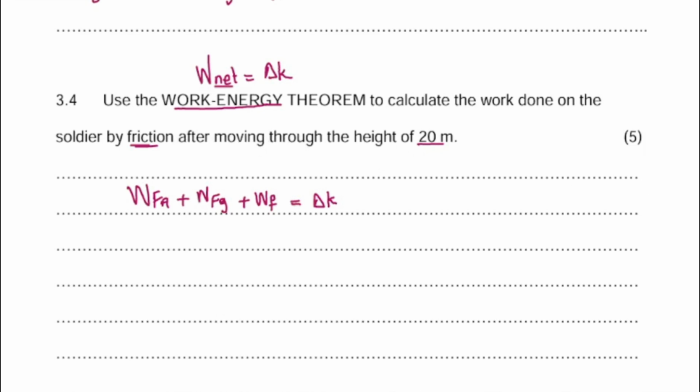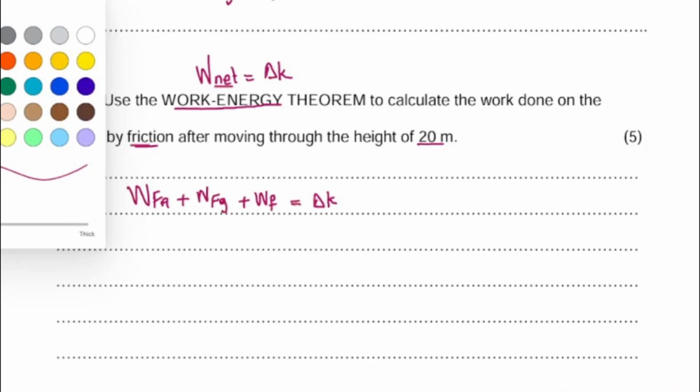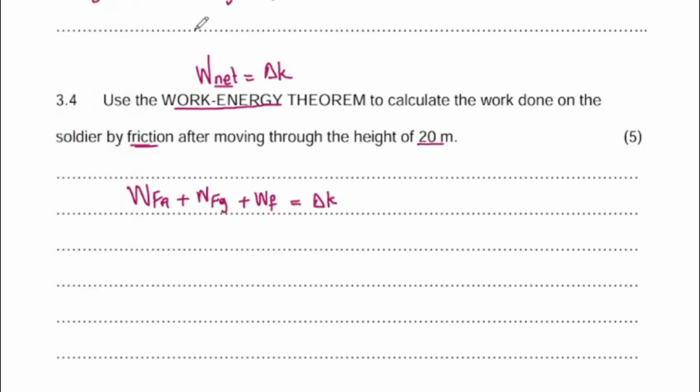Now remember the formula that we use to calculate the work done. To find the work done by the F applied, this will be equal to the force applied times delta y, because we are moving up, this is a vertical motion, and then the cos of theta.